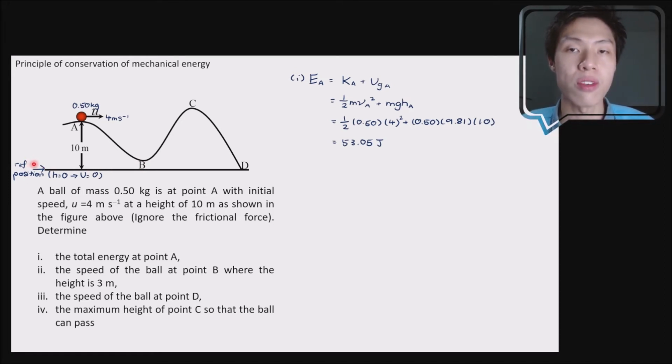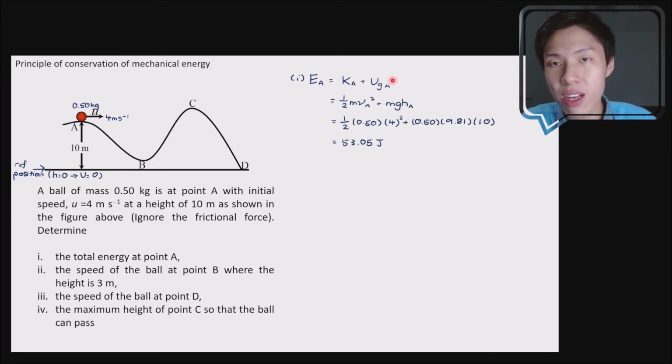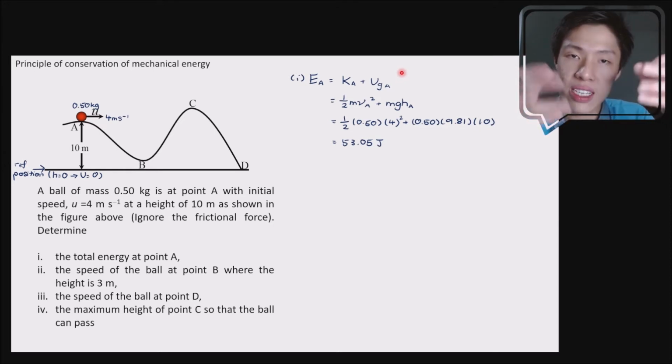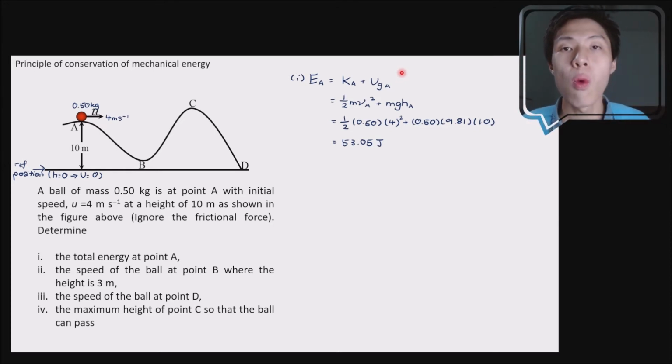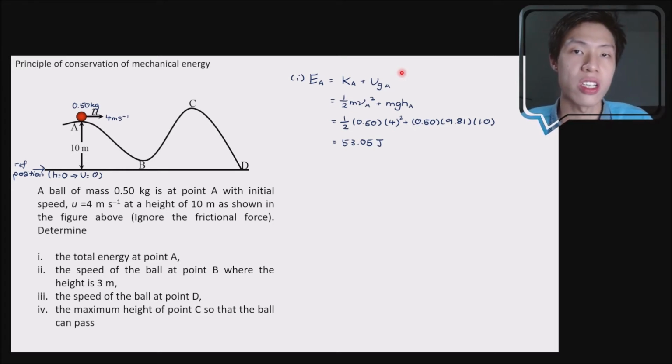And if we set the reference position to be the ground, then our mechanical energy will be 53.05 joule at point A. So again, the gravitational potential energy can be any value because it depends on where we set our reference position. We don't usually care about the exact value of the potential energy. What we care about the most is the change in gravitational potential energy, because that represents the negative of the work done by gravity.